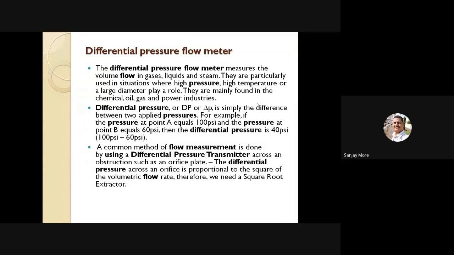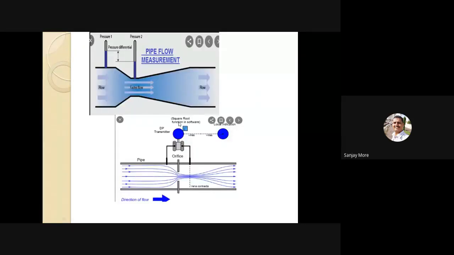A common method to measure flow with a differential pressure meter is the differential pressure across the orifice. Here an orifice plate is used. See the next diagram. Here orifice plates are used, here is the direction of flow, and here the difference to measure the flow.